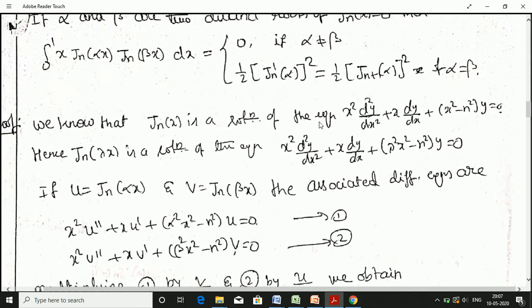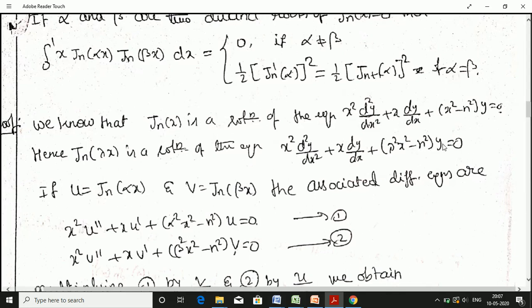We know that Jn x is a solution of the Bessel differential equation x square d square y by dx square plus x dy by dx plus x square minus n square of y is equal to 0. Hence, Jn of lambda x is a solution of the equation x square d square y by dx square plus x dy by dx plus lambda square x square minus n square of y is equal to 0.